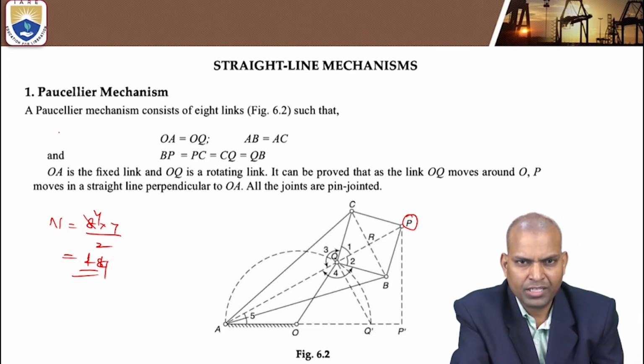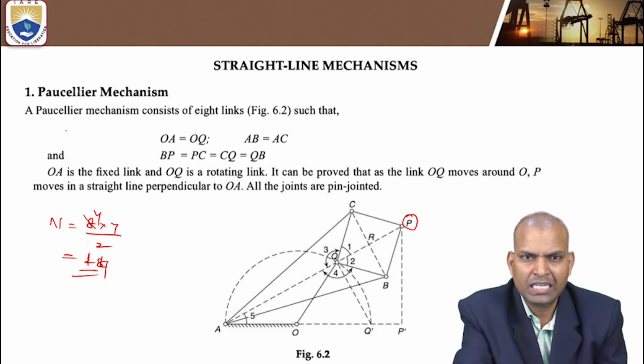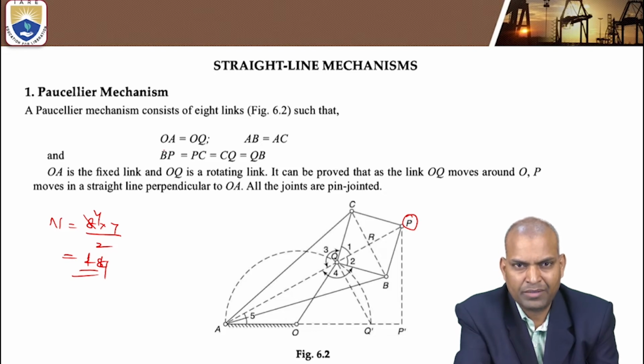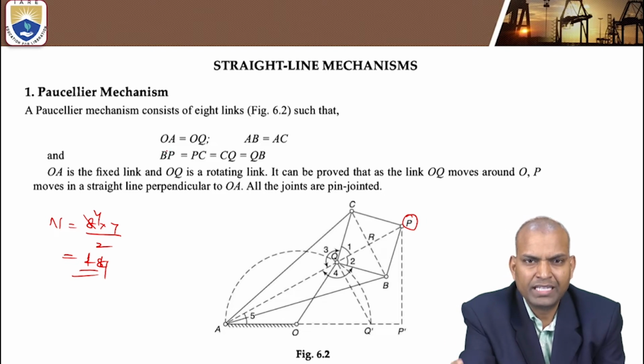As we know, the Peaucellier mechanism consists of 8 links. In order to get the straight path of the point P, how do we design it? What is the geometry? We have to follow certain rules so that the motion of the point P is a straight line.